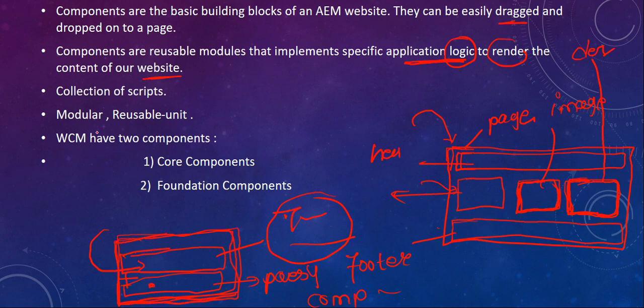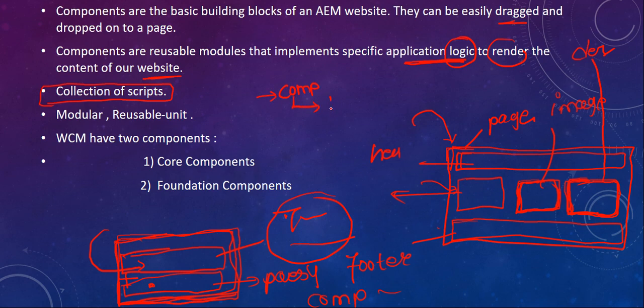After that, a component is a collection of scripts. Collection of scripts means that when you create a component, like consider inside my project I'm going to create one normal component. Consider this is your component folder. Inside that I'm creating a component, a title component.